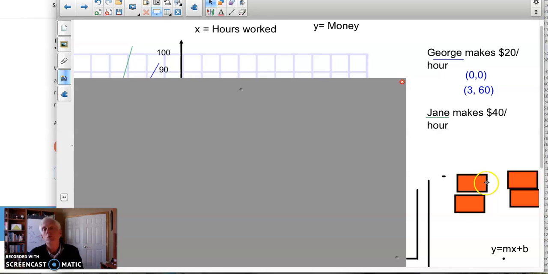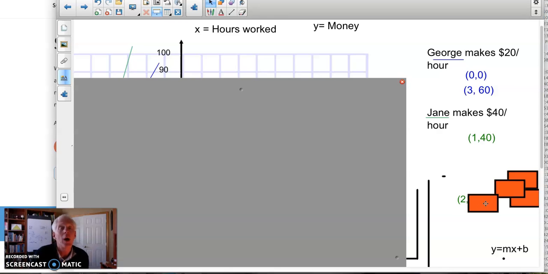Jane, his wife, who is a much harder worker and has a much better job, makes 40 bucks an hour. So if she was to work for 1 hour, of course she would make $40. And if Jane were to work, let's say, 2 hours, she would get $80.